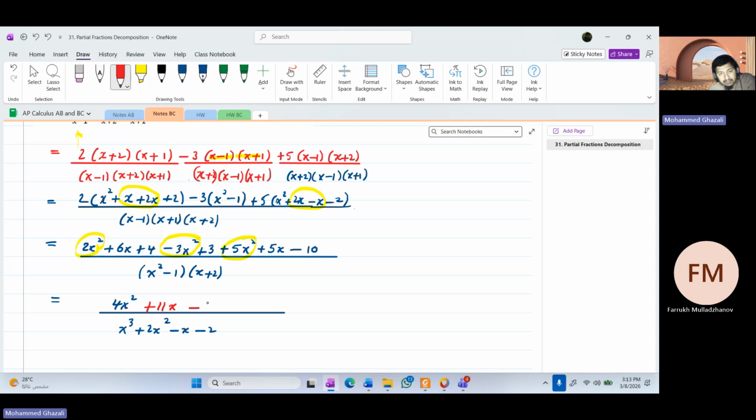That is negative 3. What are we adding? 4 and 3, that is 7 minus 10 is negative 3. We were adding the x's, that's 6x plus 5x is 11x. Yeah, everything looks good.